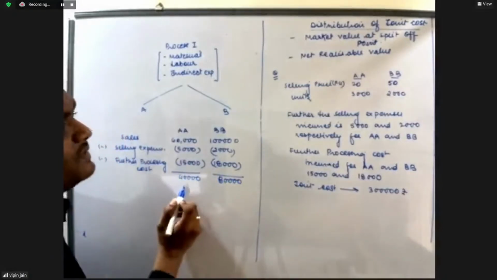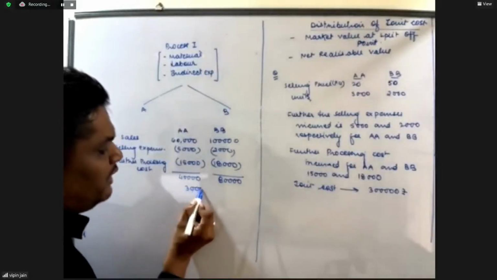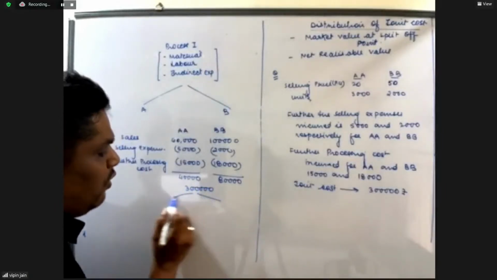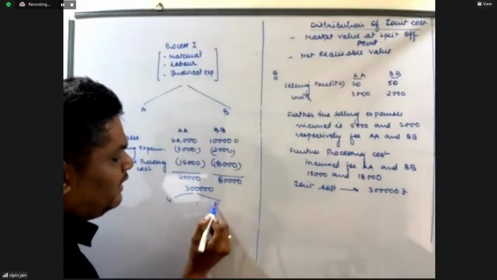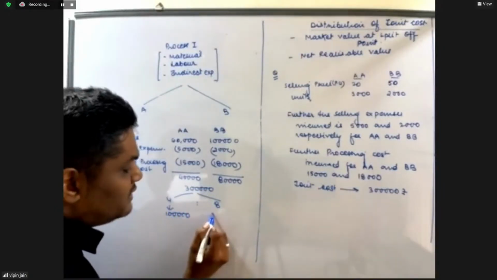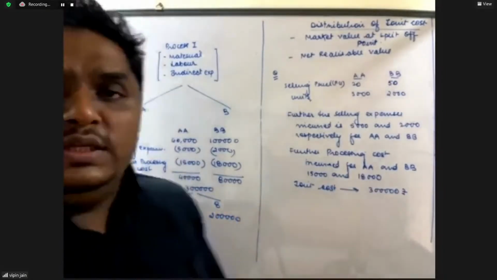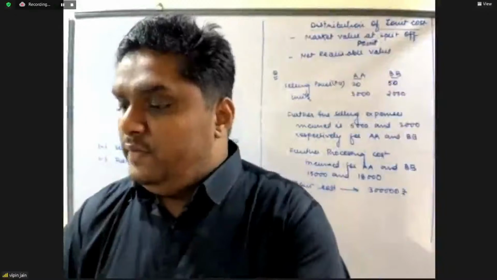So 3 lakh, that is my joint cost, is to be distributed in the ratio of 4:8. So this will be 1 lakh and this will be 2 lakh. This is how the joint cost is to be distributed.